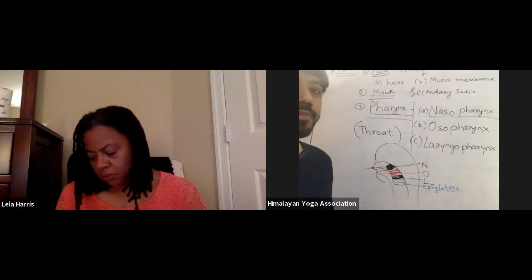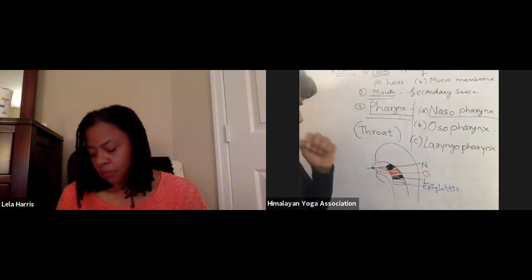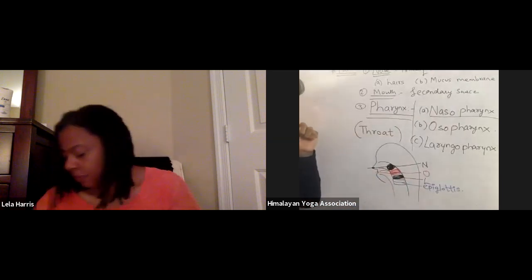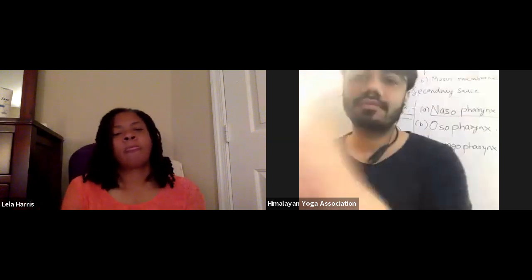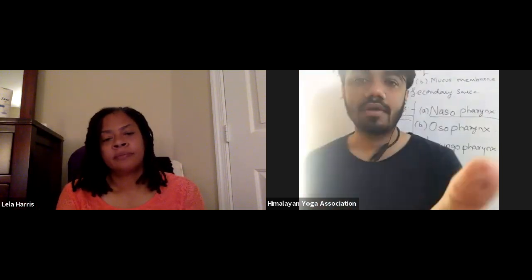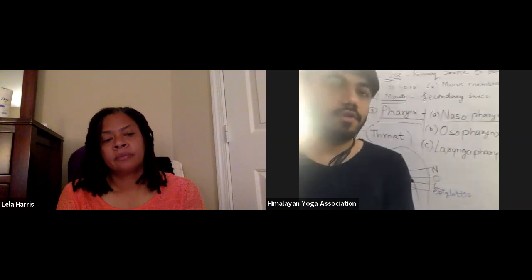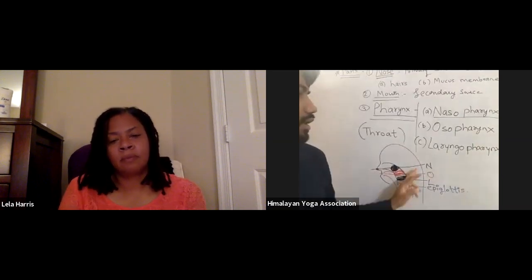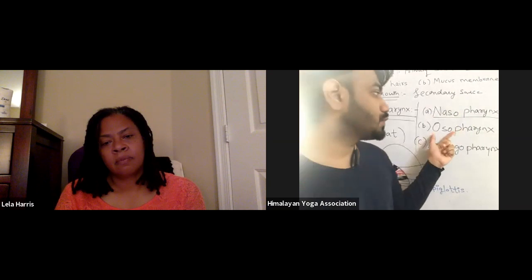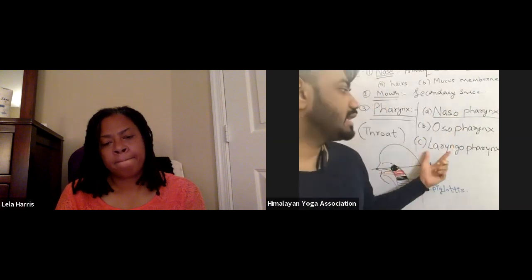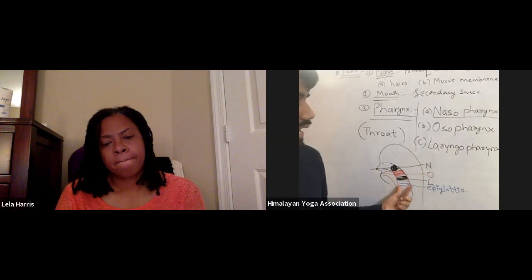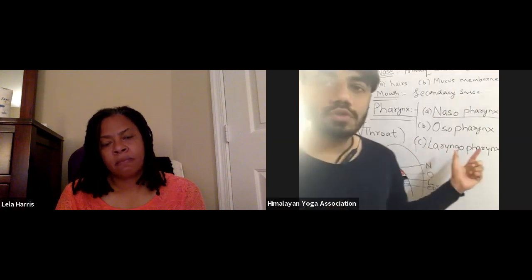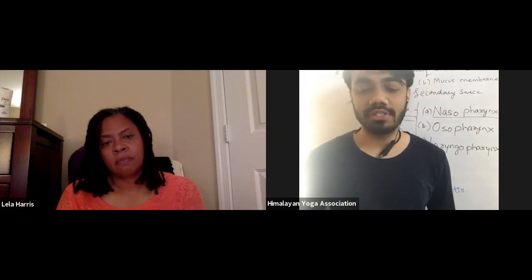A switch between the food pipe and the windpipe. So the epiglottis is the switch between the food pipe and the windpipe below the pharynx region. And what are these pharynx? Naso is the end of the nasal cavity, oro is the end of the oral cavity, and laryngo is just below the oropharynx. We will also see what is the larynx, that is our voice box.